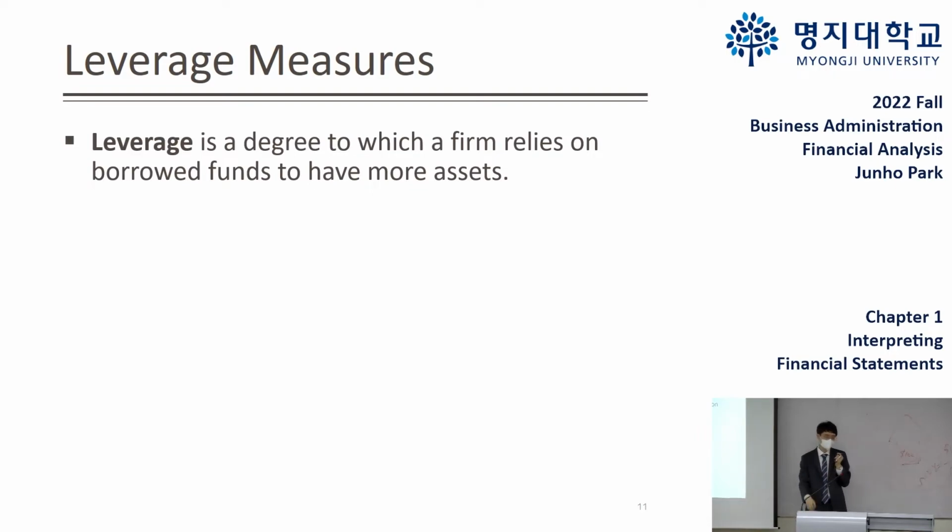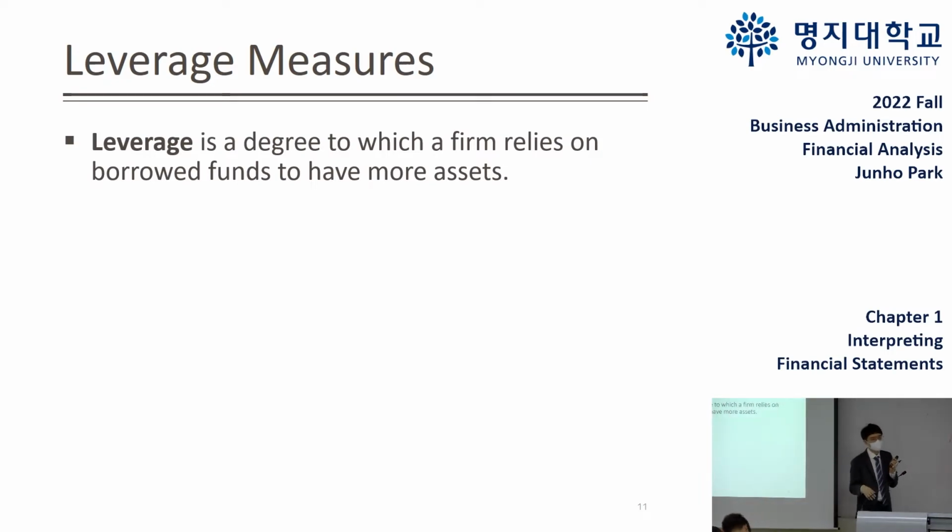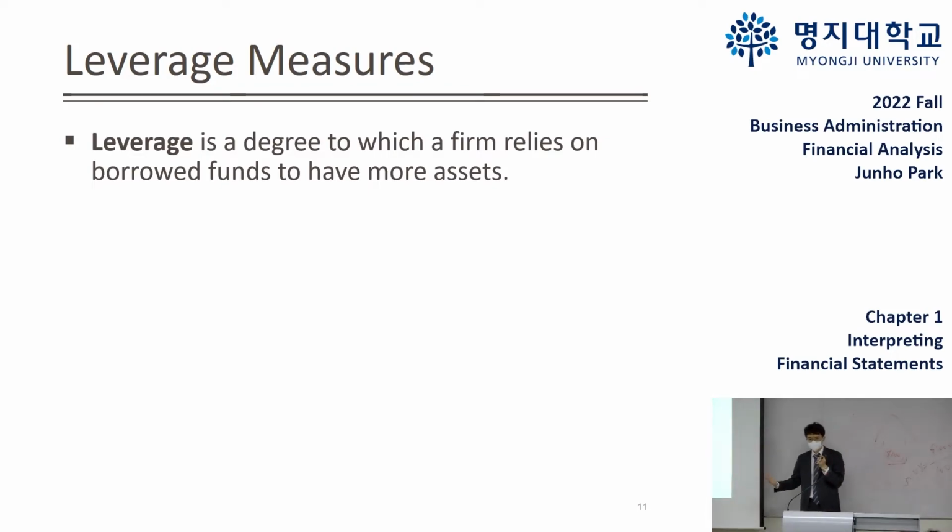So you can use your tools to maximize your power even though you start with very limited power. So in terms of finance, leverage means that you are using not only your own money, but you are borrowing some others' funds so that you can have more assets, even though it would not have been possible without the borrowed funds.